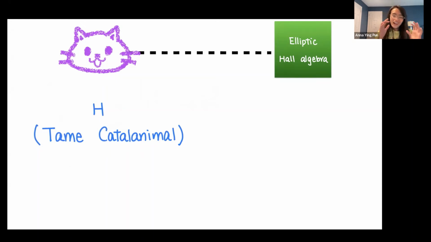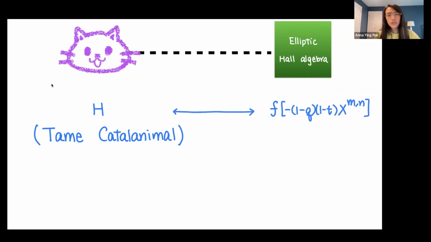If we can find some tame cat, meaning that you choose your R_q, R_t, and R_qt in such a way that they satisfy a bunch of conditions, then you're a tame cat. If you give me a tame cat, I can associate another object in this elliptic algebra.